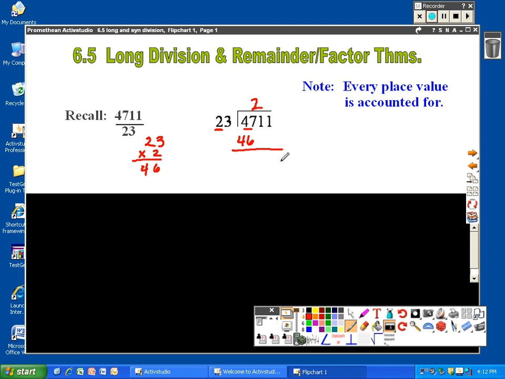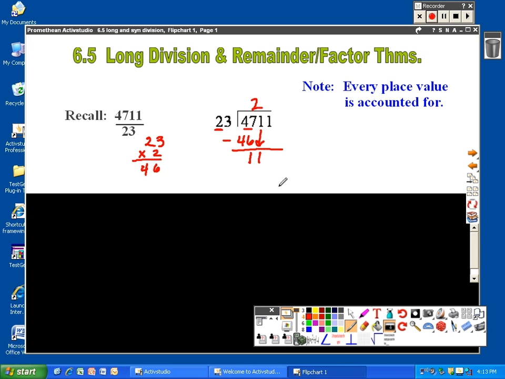Then you subtracted. But you not only subtracted the tens place, you also subtracted the ones place. When you subtract the tens place, you got 0. When you subtract the ones place, you got 1. And then you brought down your next term.